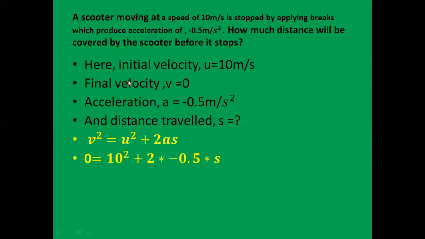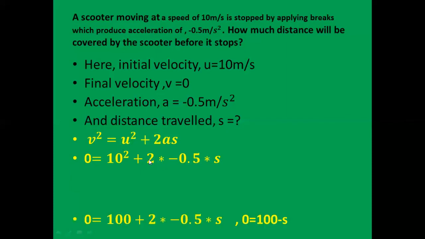Putting the above values in the third equation of motion, we get v is 0, so 0 is equal to u is 10 square plus 2 into a is minus 0.5 into s, which we want to calculate. 2 into 0.5 is 1.